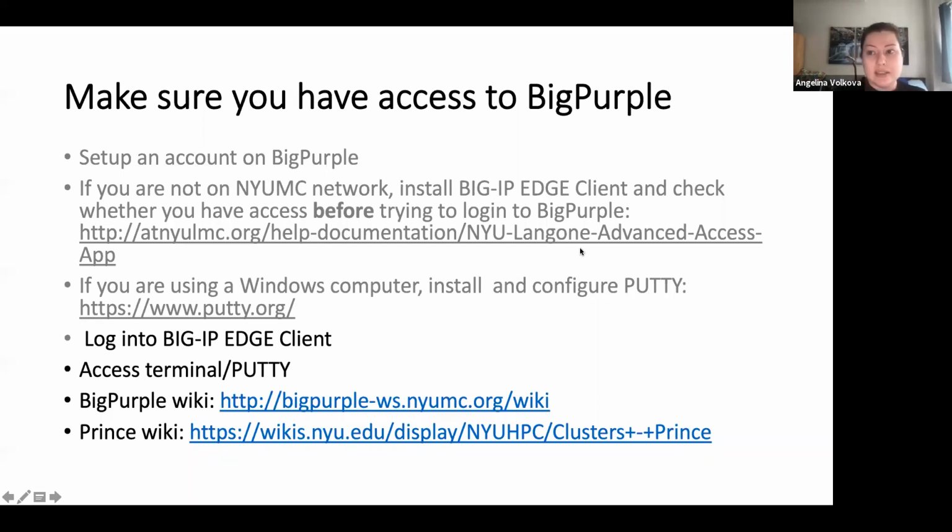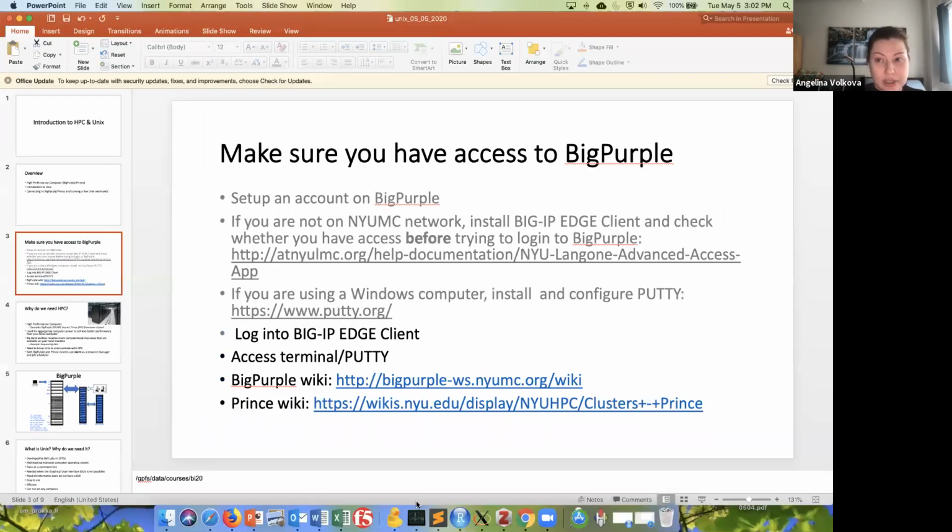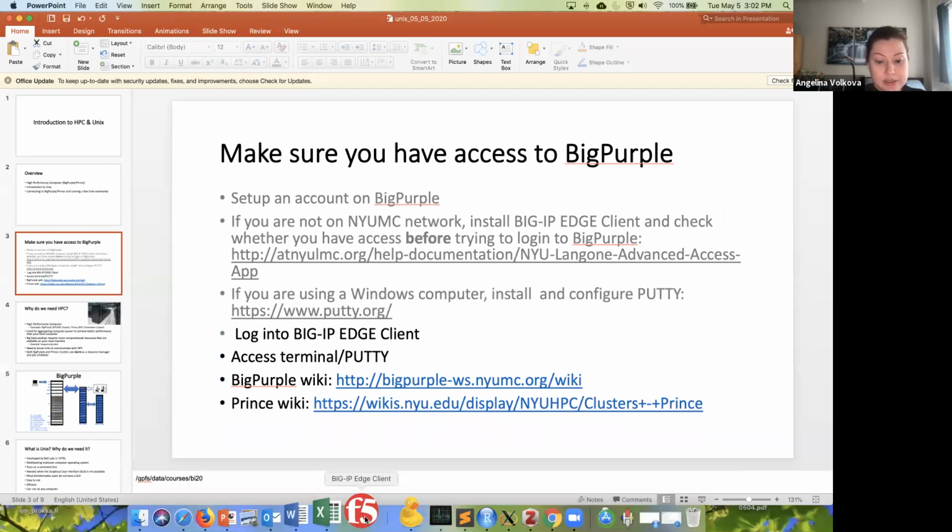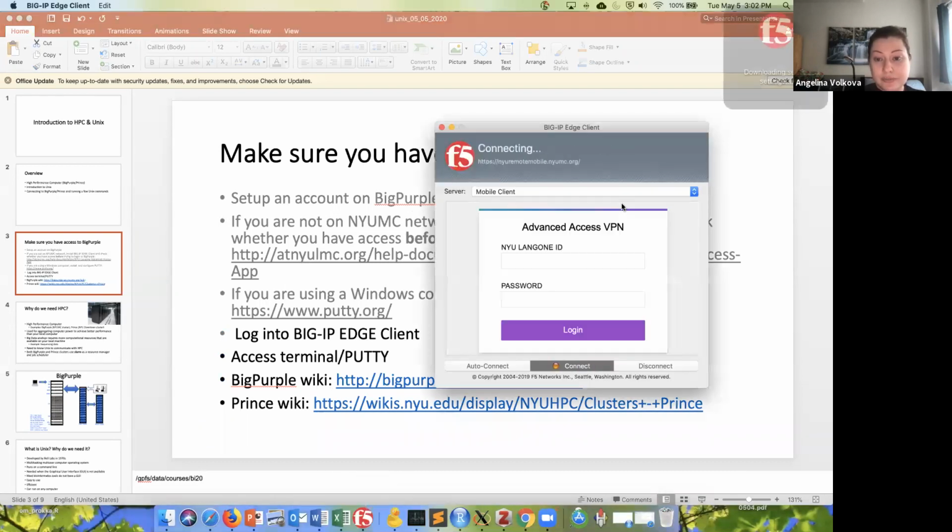So now let's try first things first. Let's try to log into the Big IP H client. I'm going to show you how to do this, at least so you will get an idea whether you're doing it right or wrong.